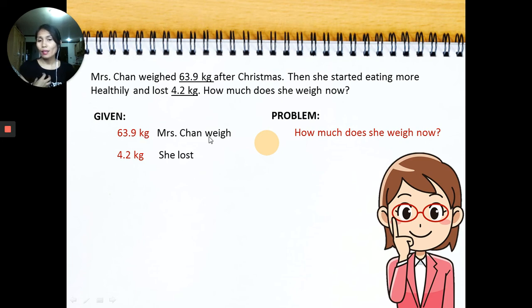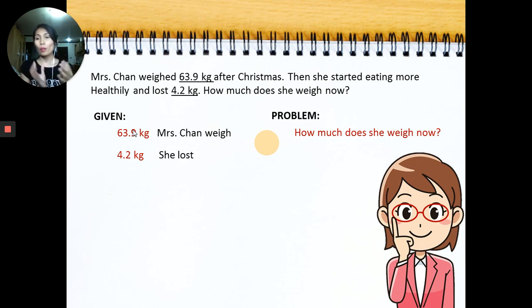Okay, her original weight is 63.9, and then she lost. She lost, so that means it was taken away from her weight. So 4.2 kilogram was taken away from her weight, which means we are looking for a smaller number here, because we are looking for how much is left.